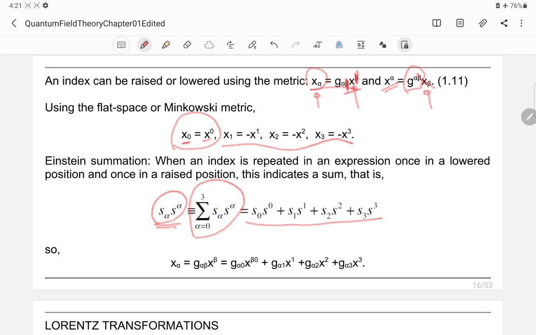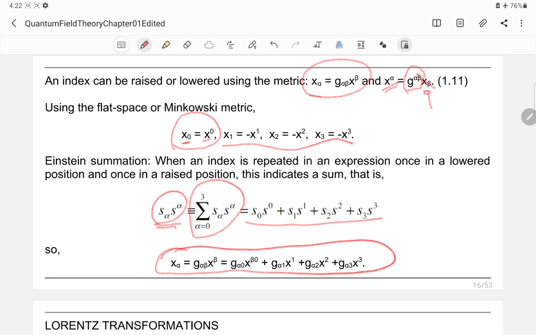So in other words, your XA here, this one here, has a long version, which is just the sum of four terms.